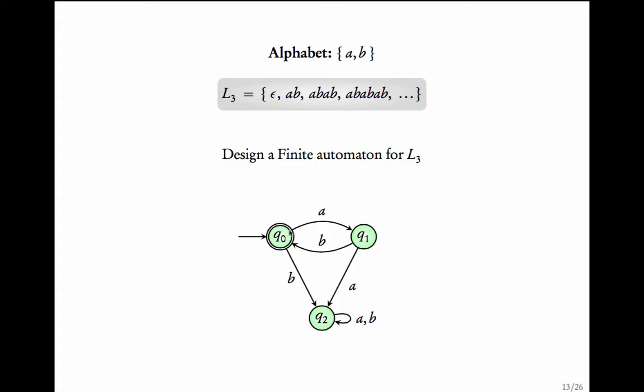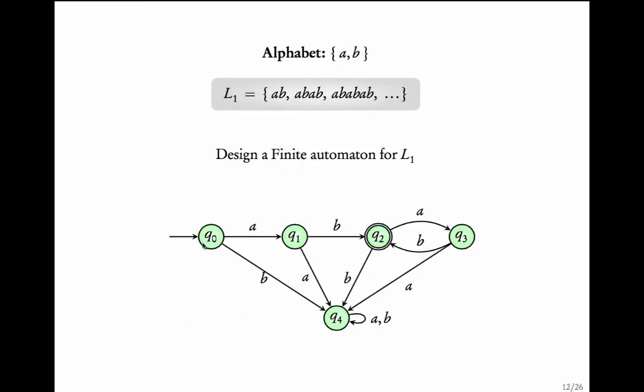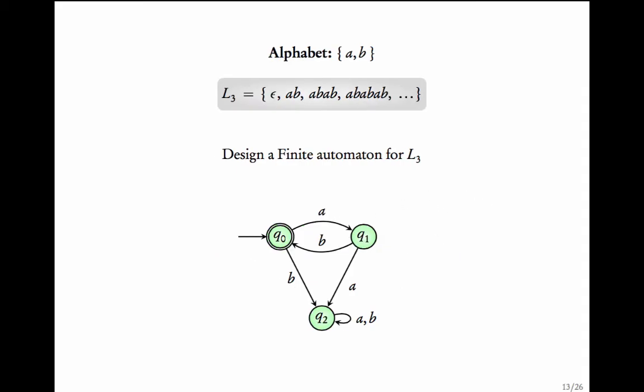If the initial state is accepting, then epsilon gets in. We can even reduce the number of states now. Here, we had to go to AB and then start accepting. However, now since epsilon is already accepting, we can reduce it to 3 states.